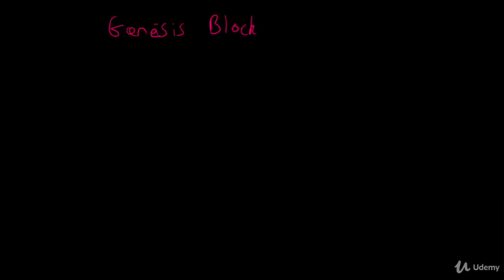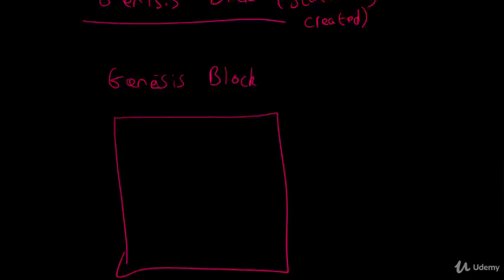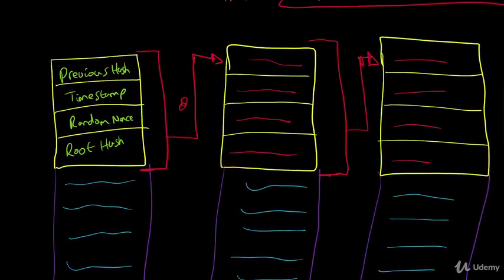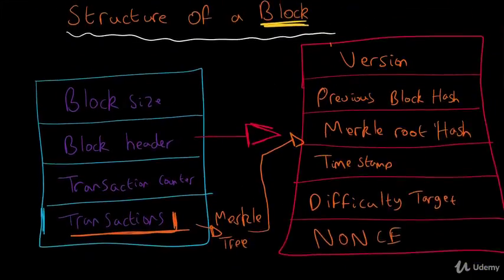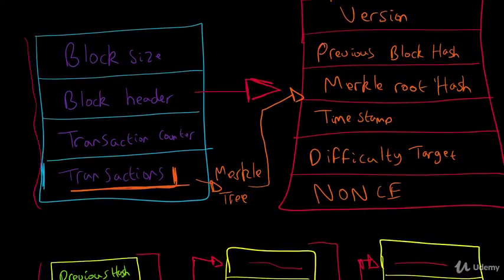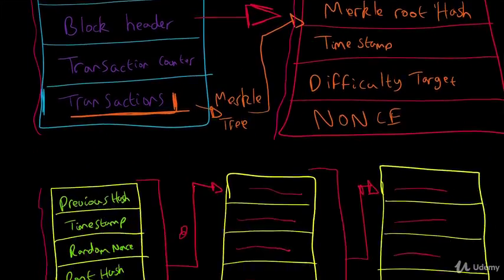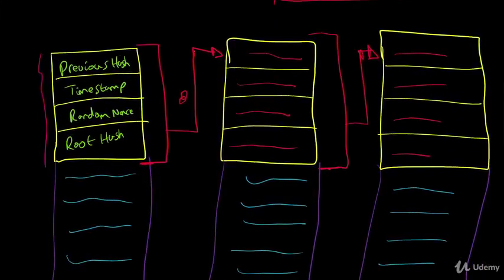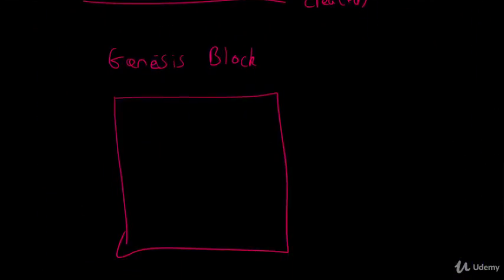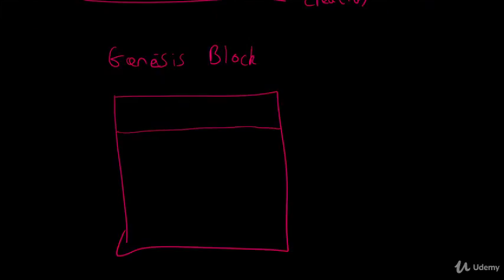It's called Genesis. The Genesis block has everything that our block here has, and obviously what all of this has as well if you look at it from a more in-depth point of view. But the only thing that it doesn't have is the previous hash, so the previous hash field is just left blank.